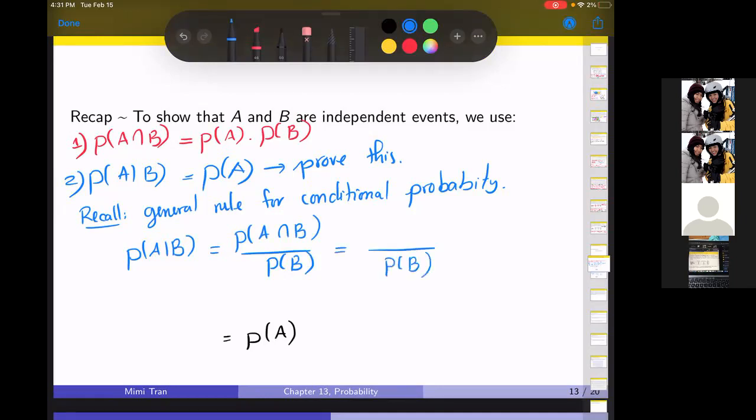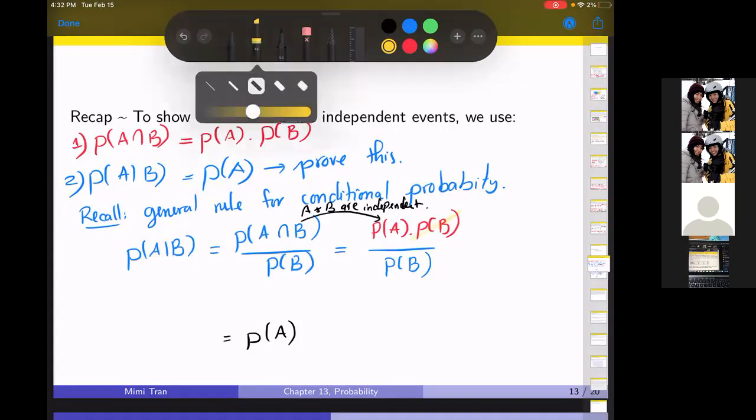Nothing I can do about P of B, but the top, because A and B are independent, you can split it, the red rule right there. The reason being A and B are independent. And then you cancel, and you get P of A.